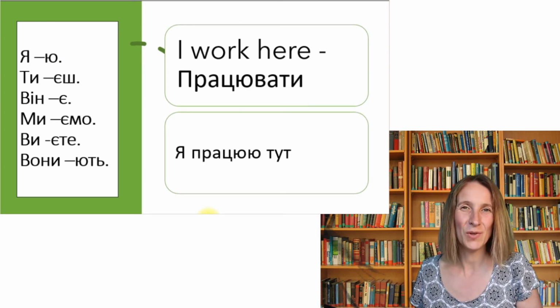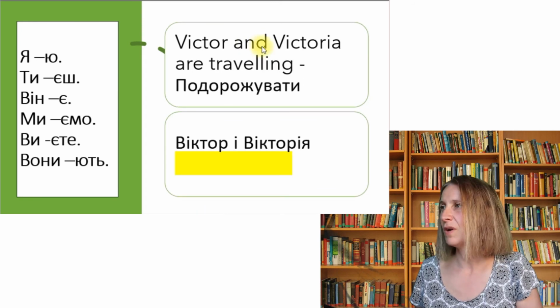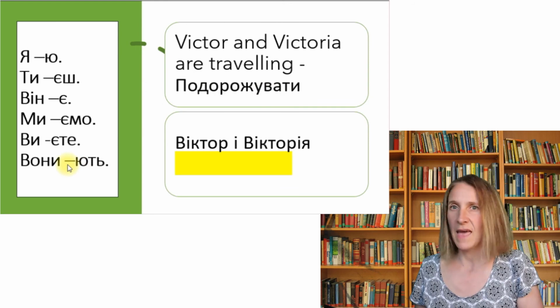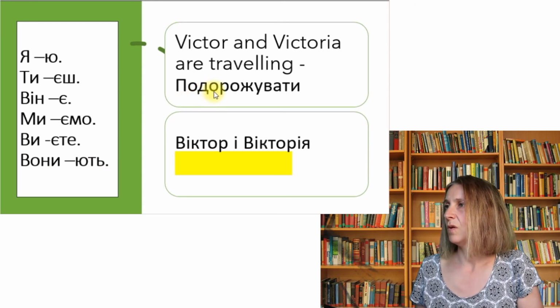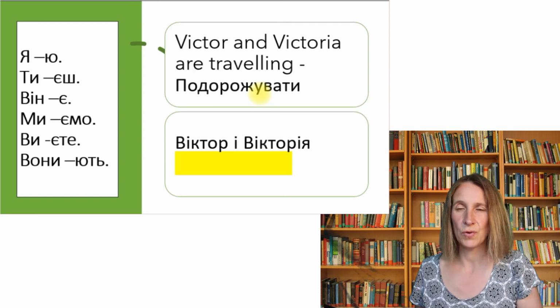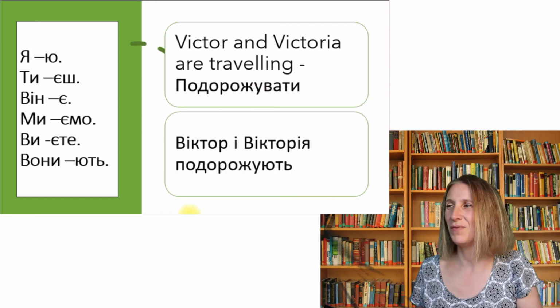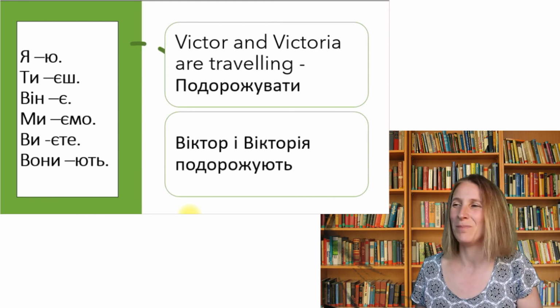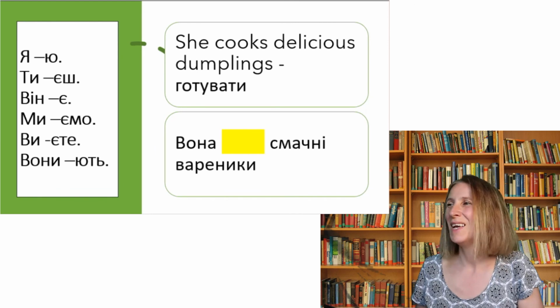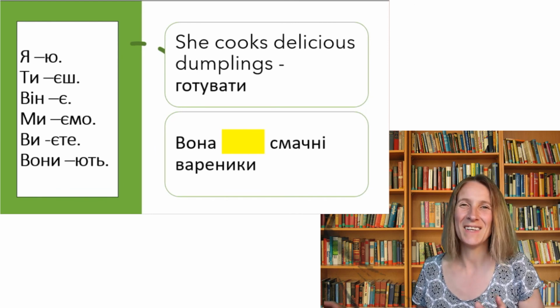Я працюю тут. Victor і Victoria. We're going to use they, because Victor і Victoria вони, ють: подорожують. Victor і Victoria подорожують.